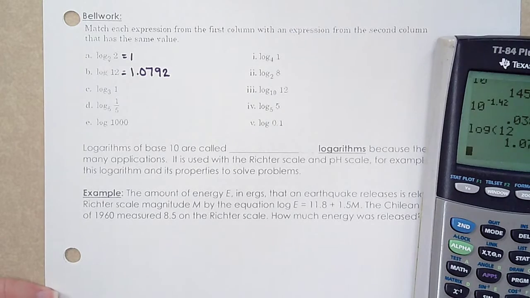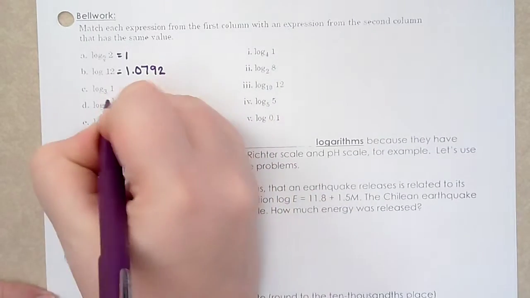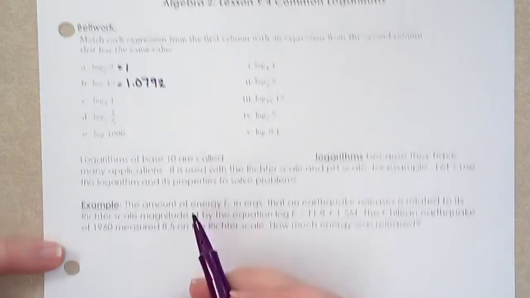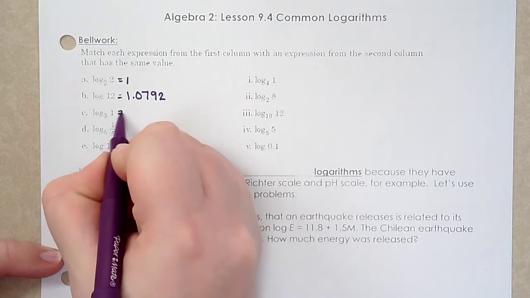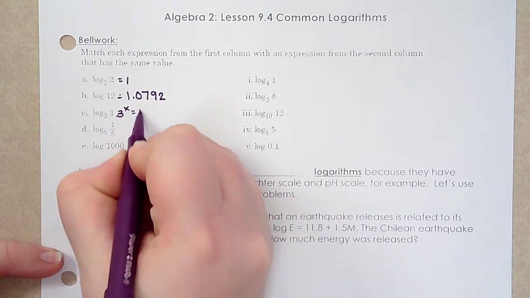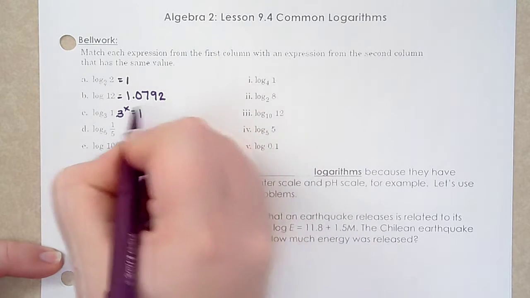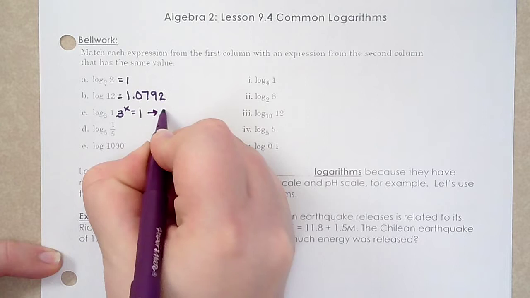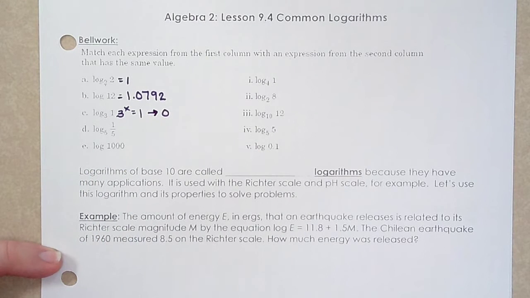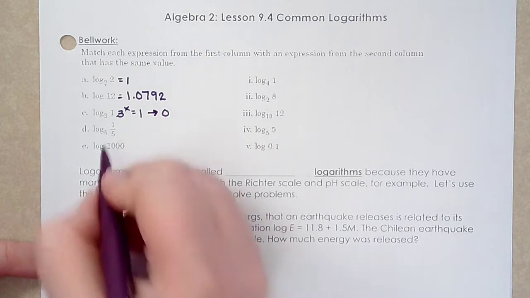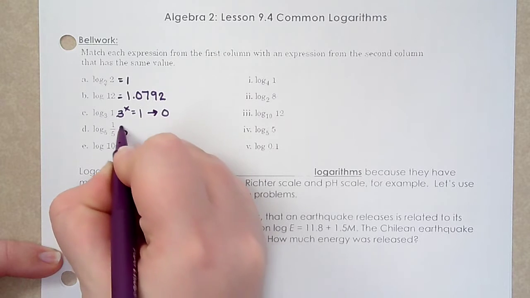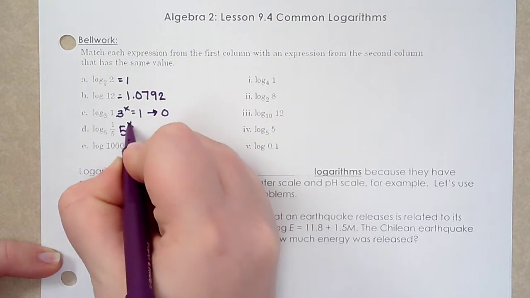For the next one, it doesn't work for me in logarithmic form, so I'm going to throw it into exponential. I'm going to write 3 to the x equals 1. I know that the only way to get 1 as an answer would be for x to equal 0. So the answer for this one is 0. The next one is another one where I'll have to change it into my exponential form.